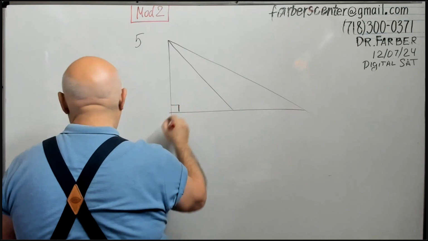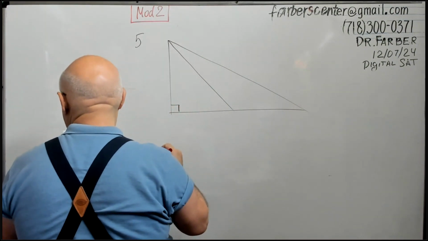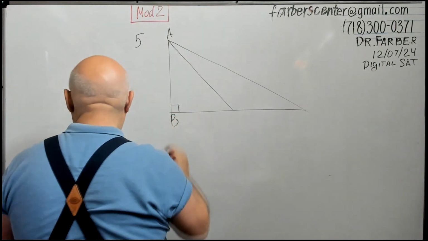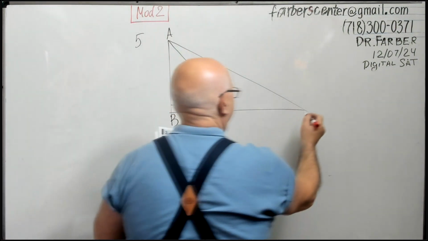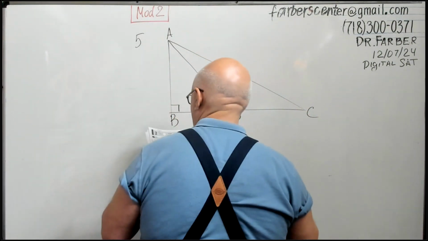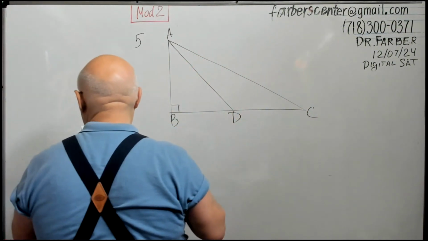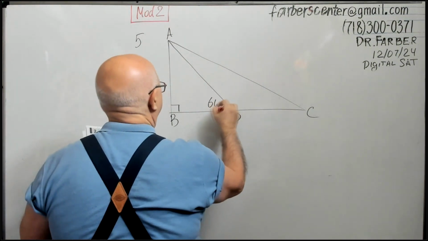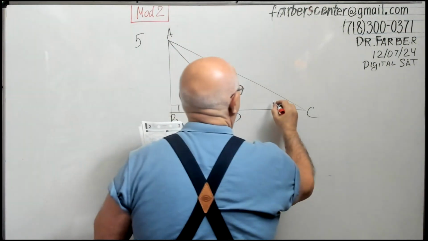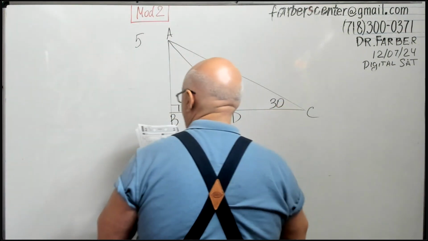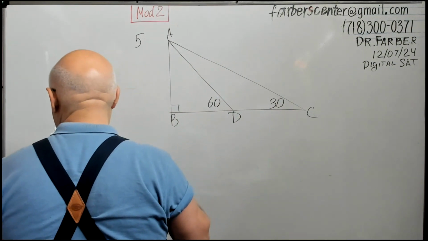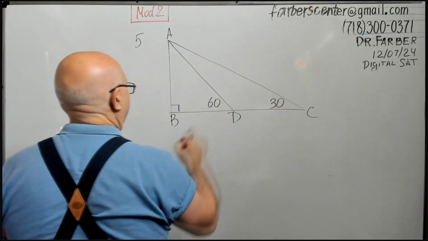Right angle and B, AB, CD, and they provide some angle, 60, 30, length of line segment BD, whereas BD 10.